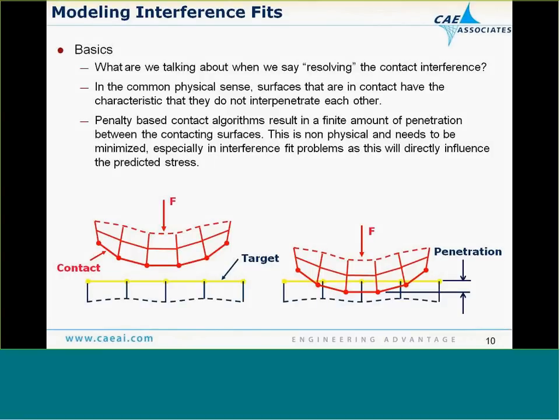So this is generally very important in interference fit problems. So you have one part that comes into contact with another body, and at the end of the analysis, there's some physical penetration in there, which is non-physical. So that's what we're talking about, resolving out this initial penetration at the end of the analysis, or how to set up an interference fit problem that has this in the beginning.